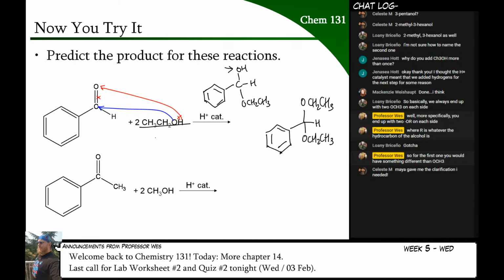For the second one, we'll do the same thing that we did before. We're going to take this H, and it goes up here. We're going to take this OCH3, and it goes here. And so our intermediate product will be benzene. We've got the CH3, which is still here, OCH3, OH.